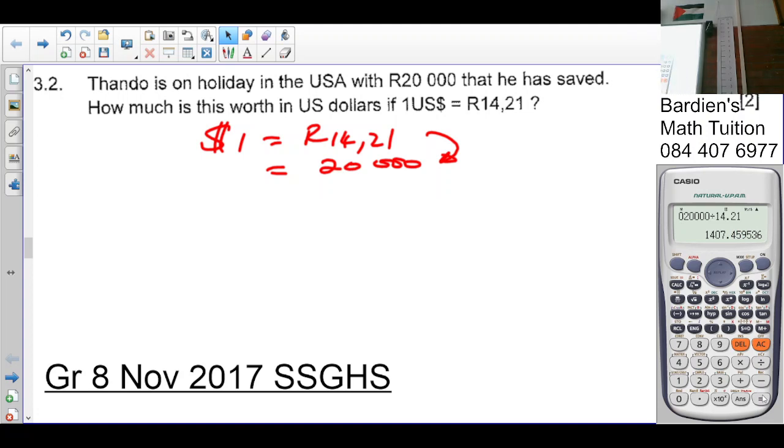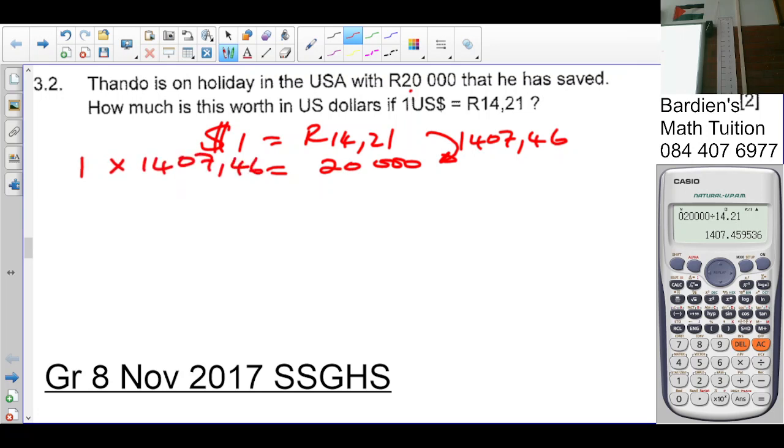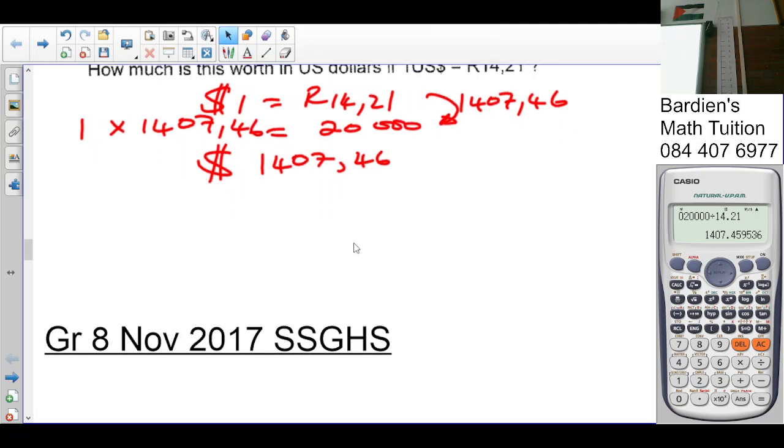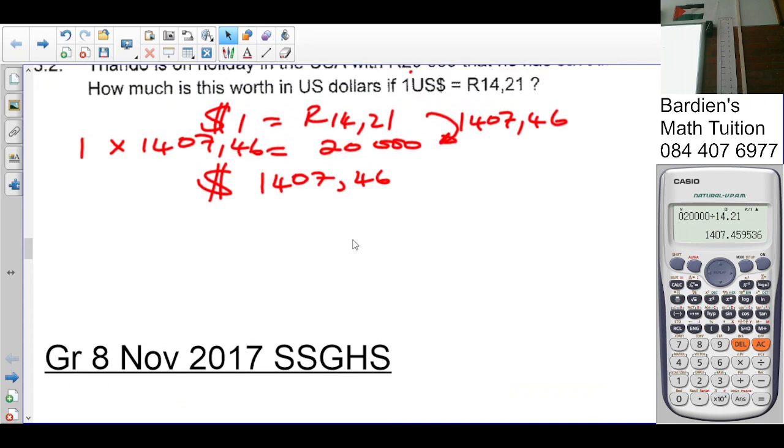So you're multiplying by 1,407.46. If I multiply this by the same factor, then 1 multiplied by 1,407.46 gives us $1,407.46. This will make more sense once we do the section.